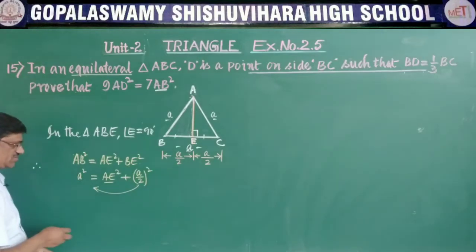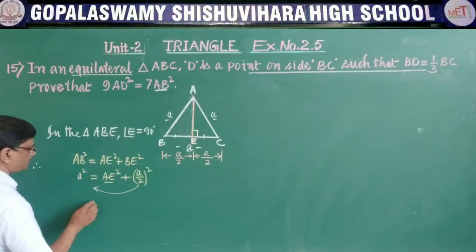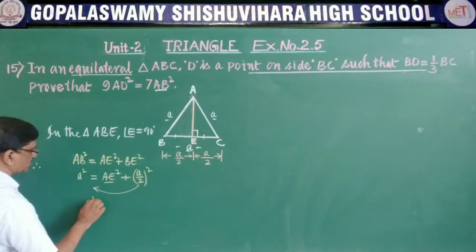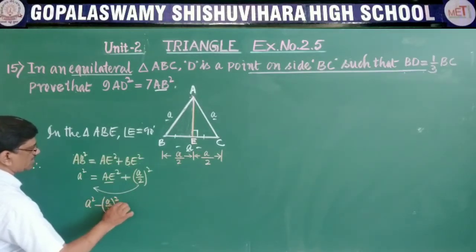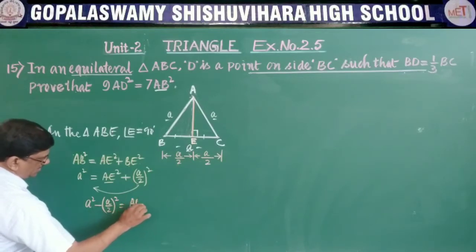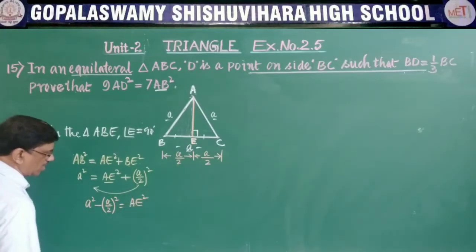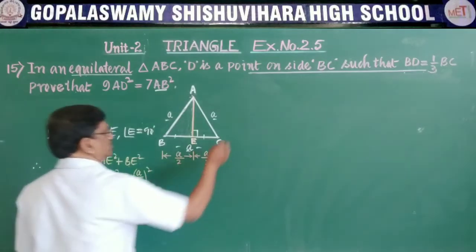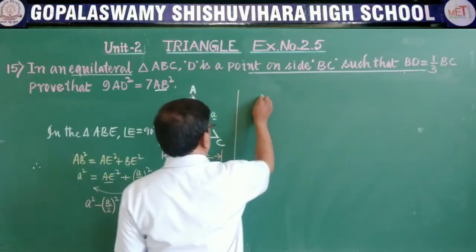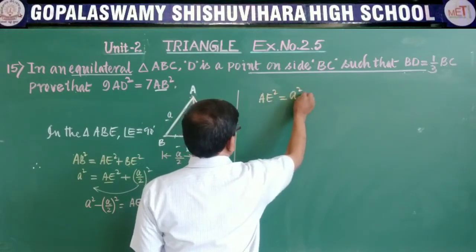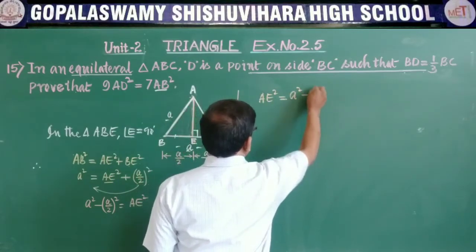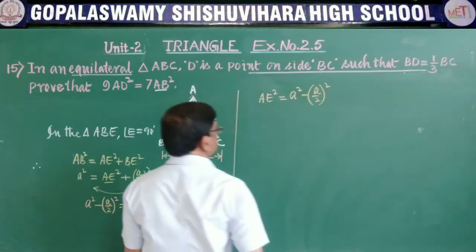Then it becomes A square minus A by 2 whole square is equal to AE square, or this can be written as AE square is equal to A square minus A by 2 whole square, isn't it, children?